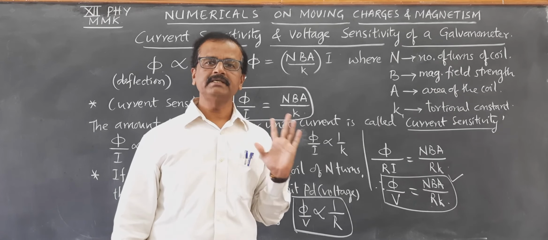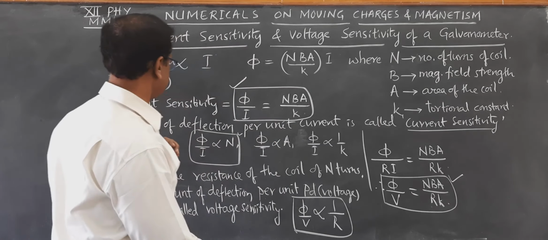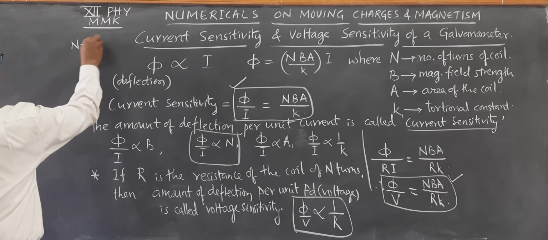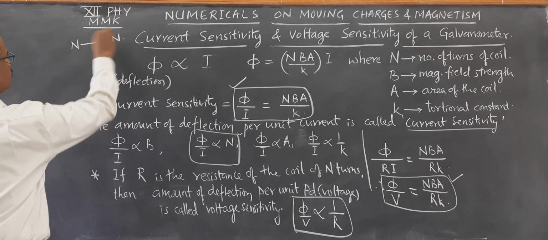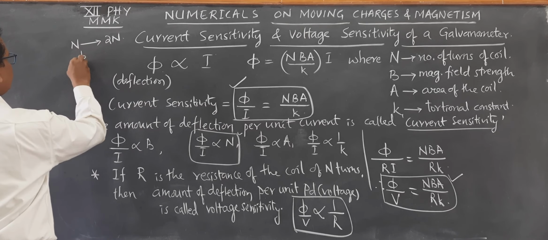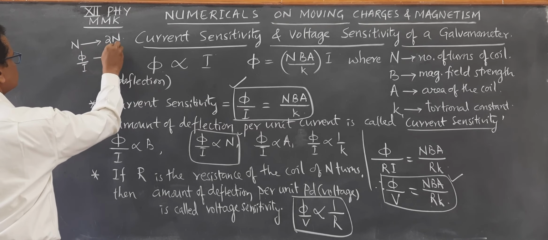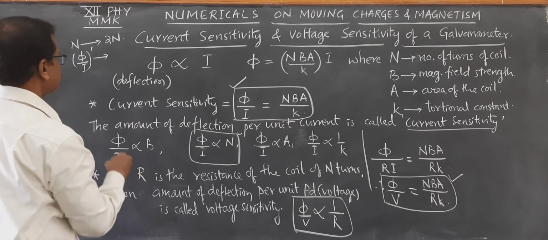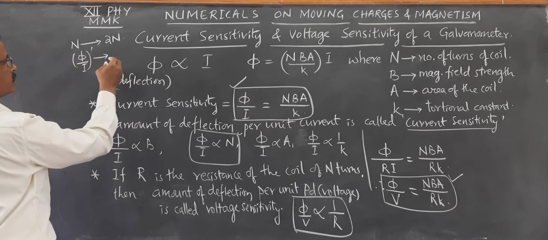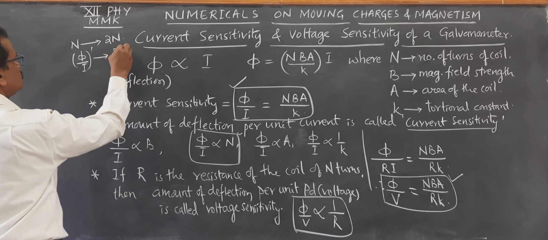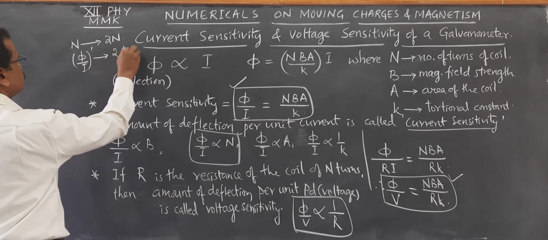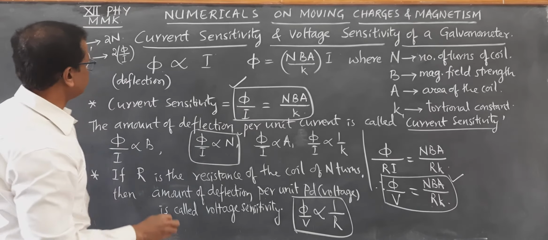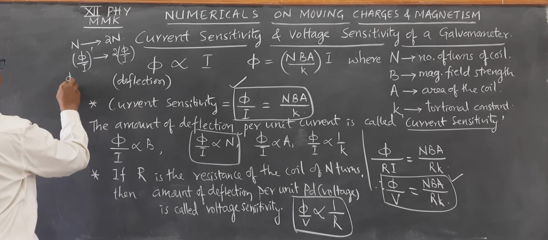Voltage sensitivity is unaffected. You can just see here, if N is increased to 2N, then phi by I dash, the new current sensitivity, becomes 2 times phi by I. Current sensitivity increases, but what happens to phi by V?